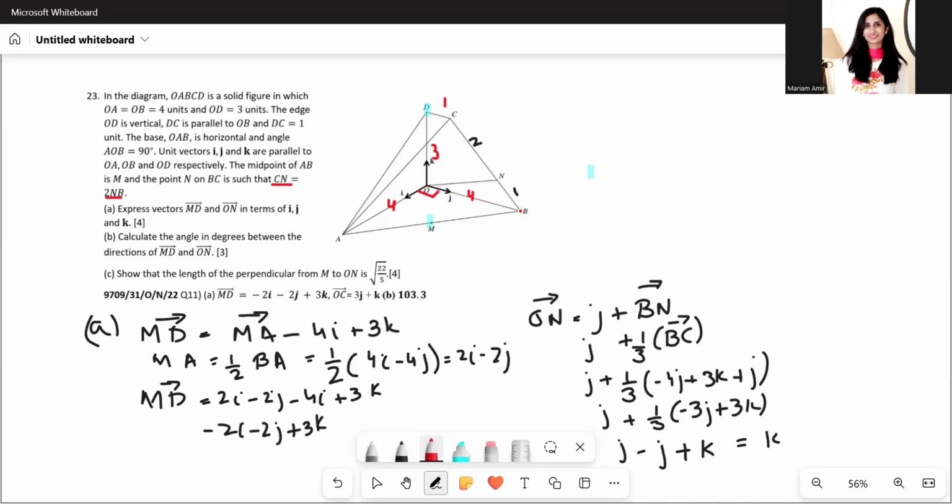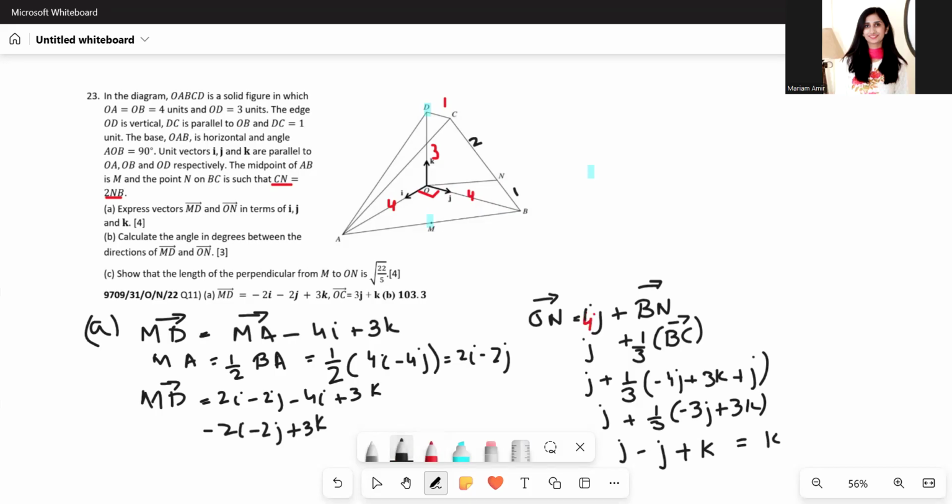So instead of writing 4j, I just wrote j. So this was 4j. And then 4j minus j is 3j plus k. Okay, now the answer is correct. So ON is 3j plus k and the first part is done.